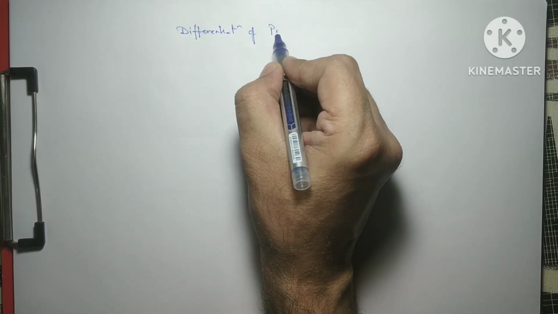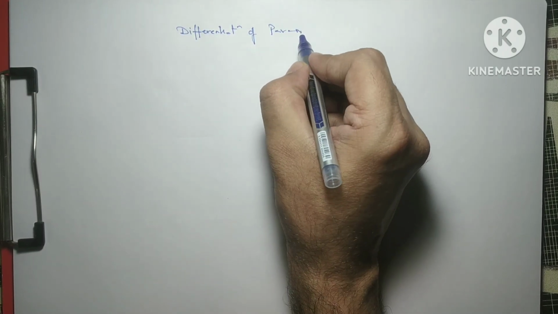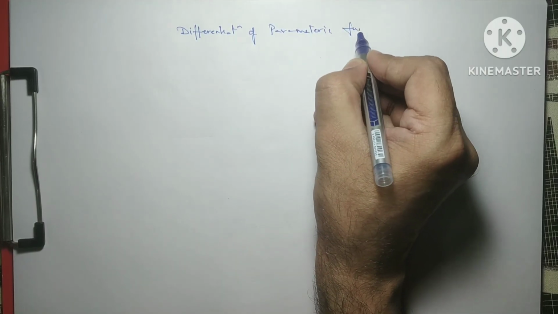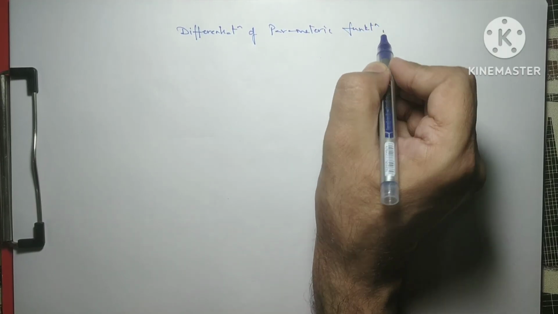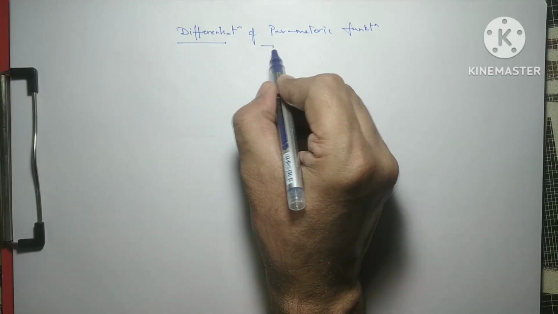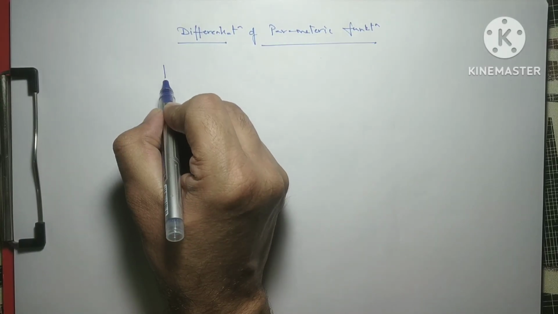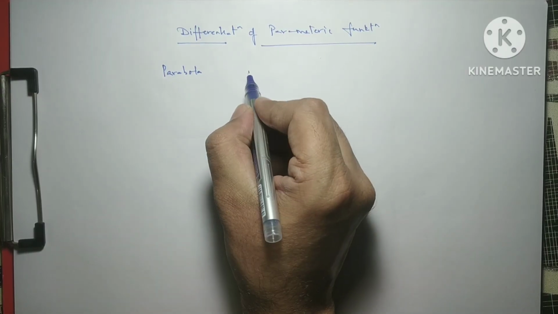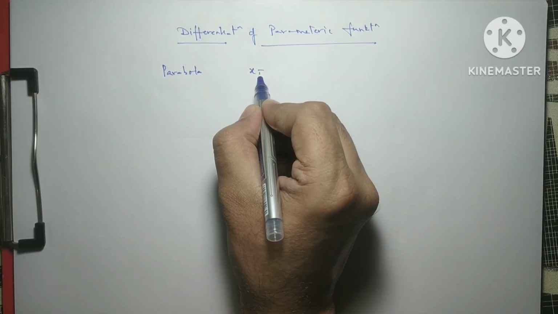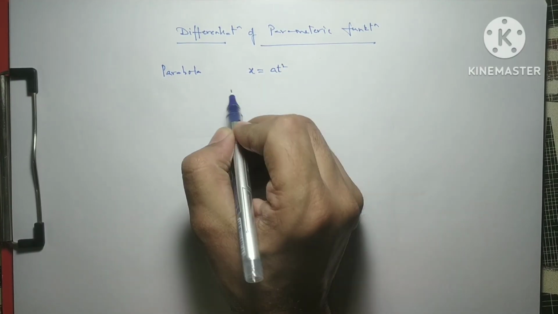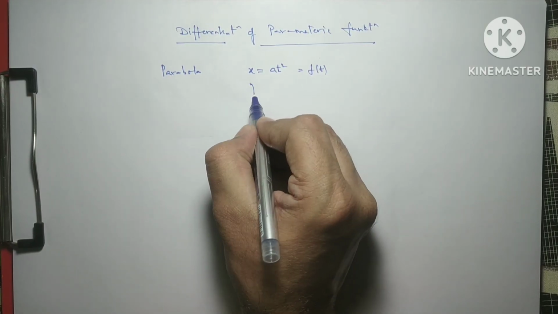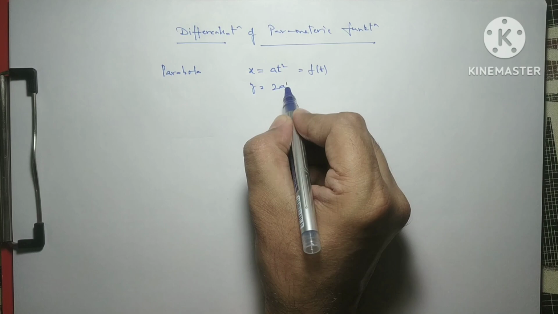Like in the case of the parabola, we have the parametric equation x equals at square as a function of t, and y equals 2at.